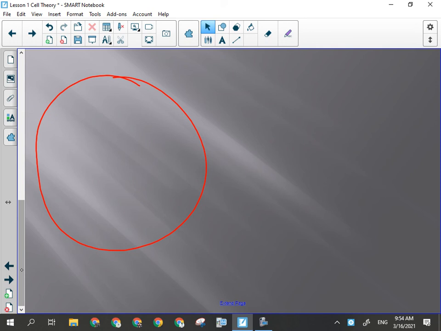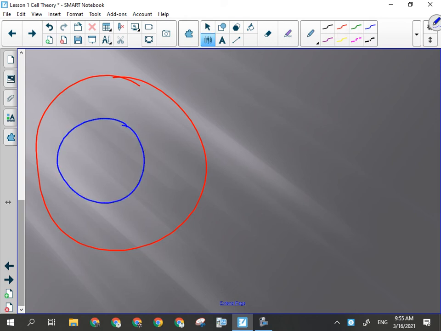As I move up in magnification from scanning to low power, I now see this much area, but I see it more greatly magnified. When I look through the microscope, this circle looks like the red circle to me, but I'm actually not seeing any of this area that's not overlapped anymore.